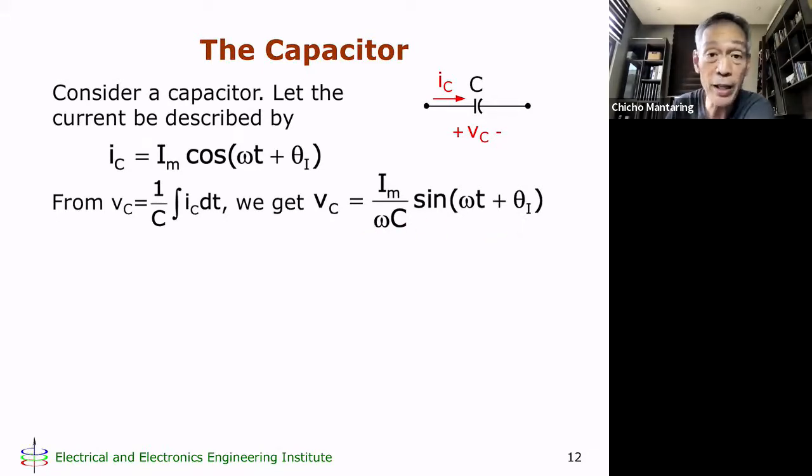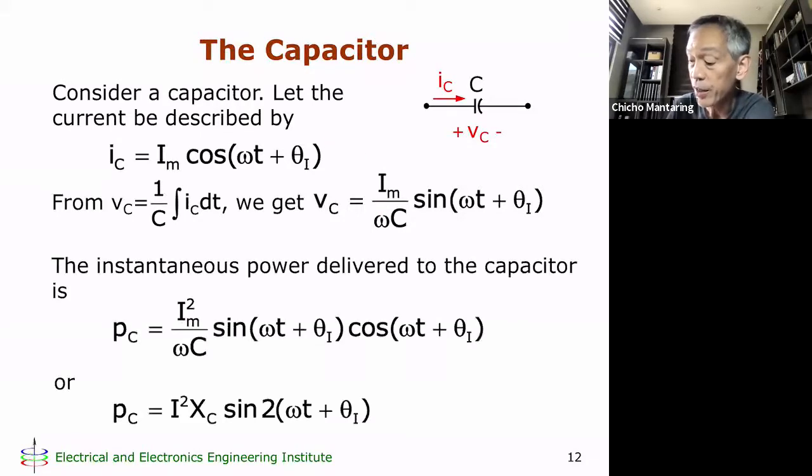So again, how do I get instantaneous power? I multiply my current by my voltage. And so this is what I'm going to get. And then using my trigonometric identities, I convert that to this form.